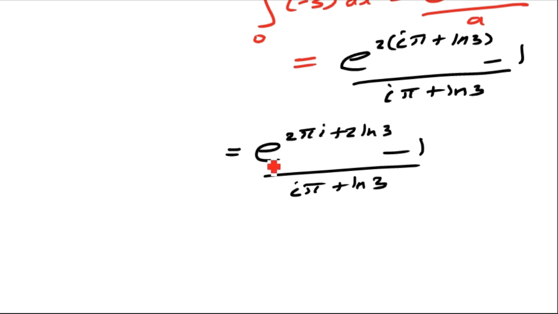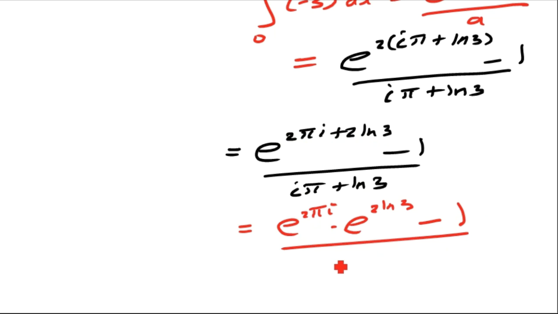Now look at this case: exponential 2 pi I plus 2 ln of 3. When you use the laws of indices, that is exponential 2 pi I times exponential 2 ln of 3, because when you have the same base with multiplication sign, you add the powers. Then the whole of that is minus 1 over I pi plus ln of 3.